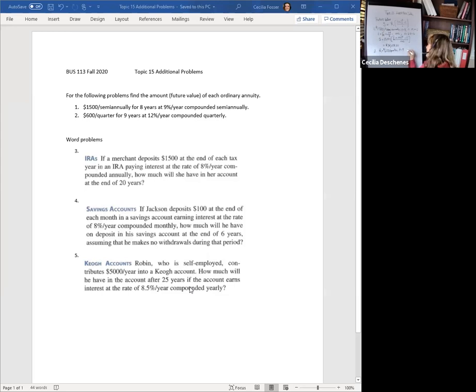And the rate, the nominal rate or the annual rate, is 12%. So that's a 0.12. And we know we're compounding quarterly because we make payments quarterly and it's an ordinary annuity. So that means quarterly means our number of conversion periods is going to be 4.